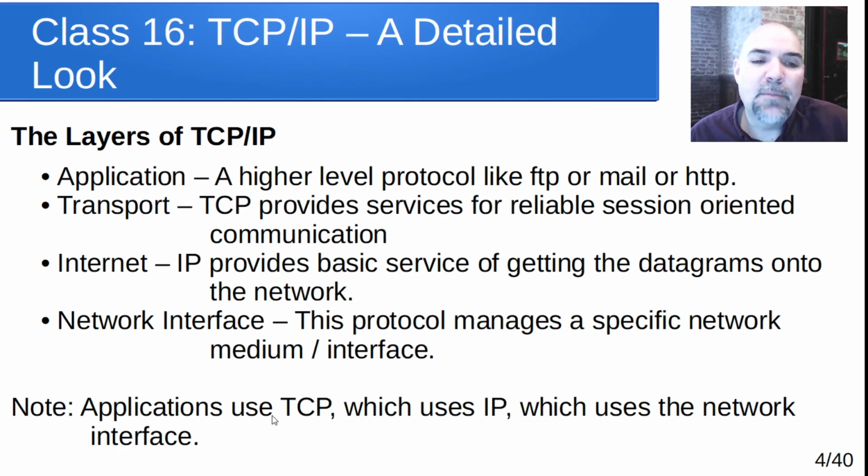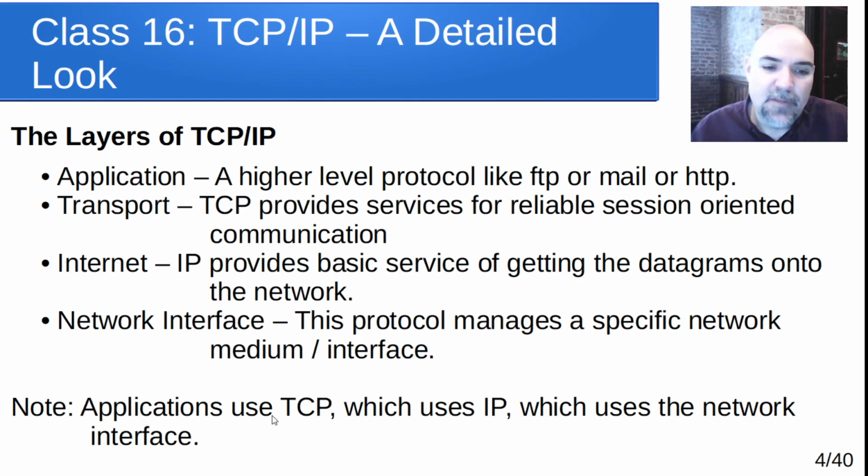And then below that, below TCP/IP, we have the network interface layer, and that's the actual protocol that manages a specific network type like Ethernet or Wi-Fi or something like that. So that's the part that's actually creating the actual physical packets. I guess they're not really physical, but the actual packets that are going onto the physical network. So applications use TCP, which sits on top of IP, which sits on top of and uses the network interface below that.